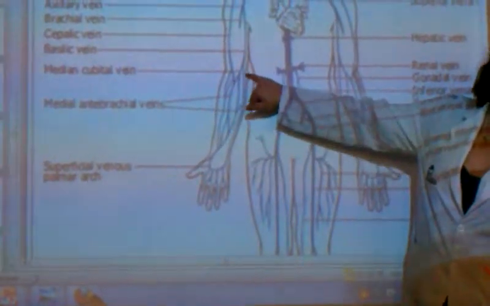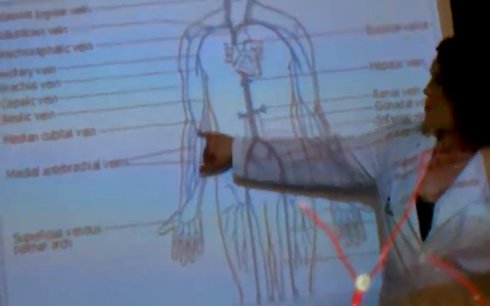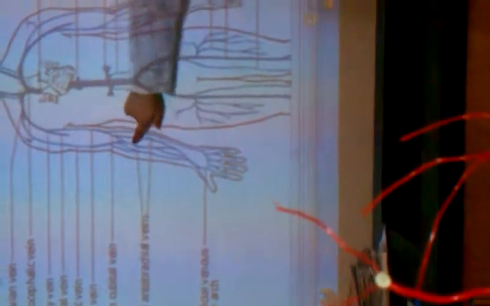This is a vein through which much of the venous blood is drawn, at least in the antecubital region, one vein, okay? And notice that it's actually going to drain from the ulnar vein into the basilic vein. So it actually goes across from this lateral side to the medial side.